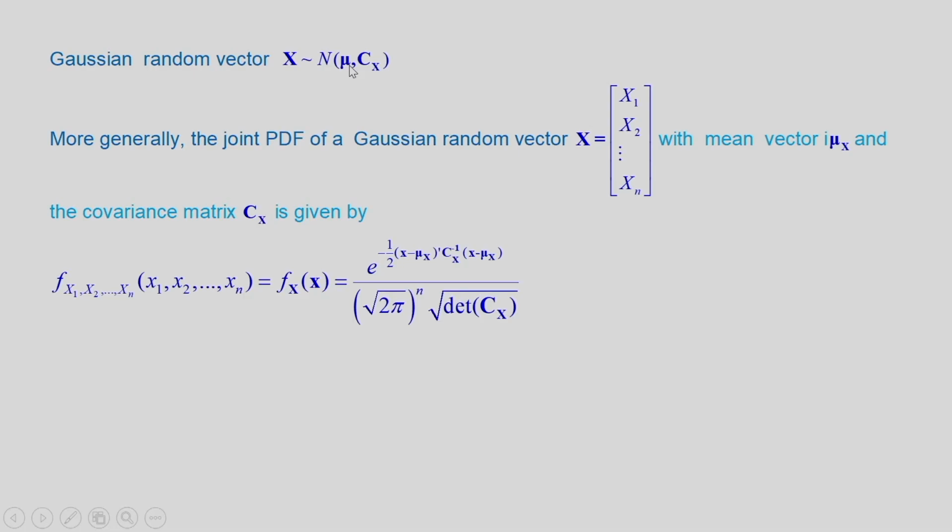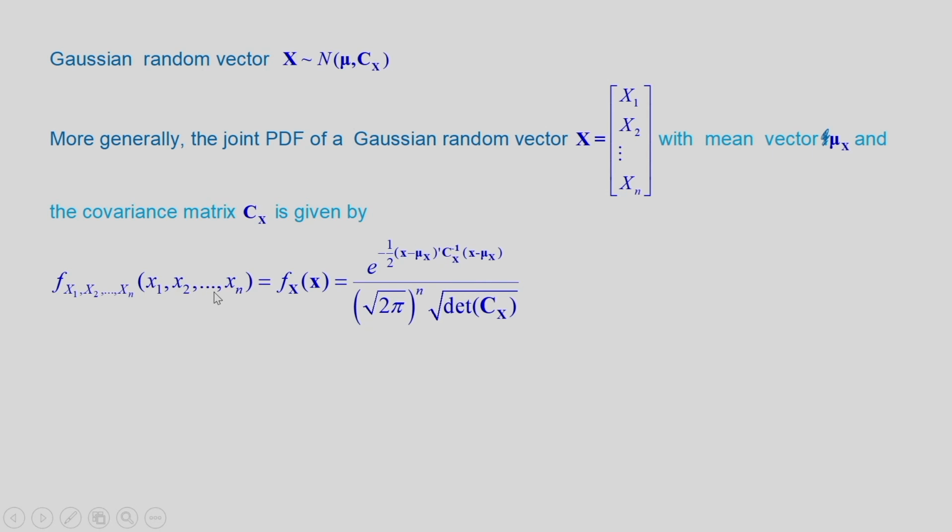We can also define the Gaussian random vector x. It is distributed as normal with parameters mean vector mu x and the covariance matrix Cx.